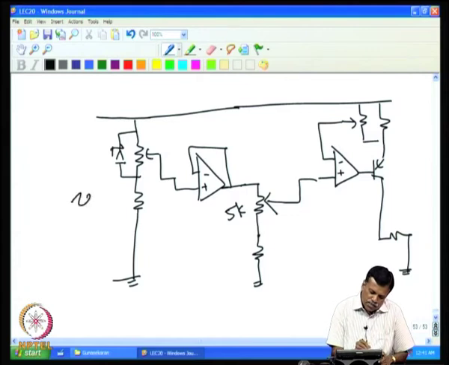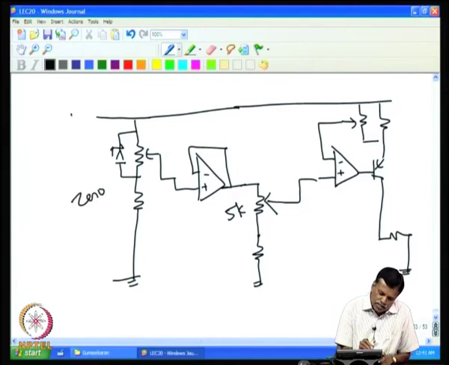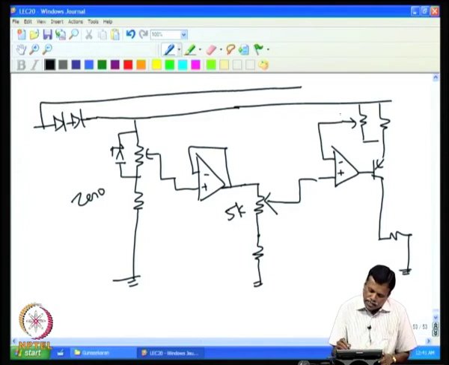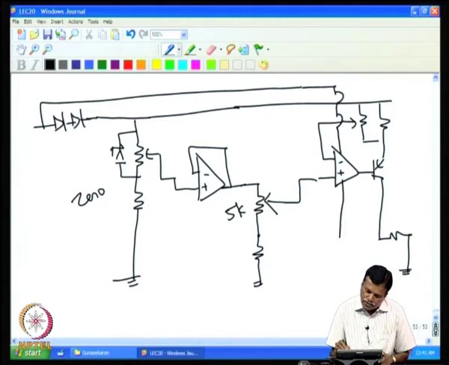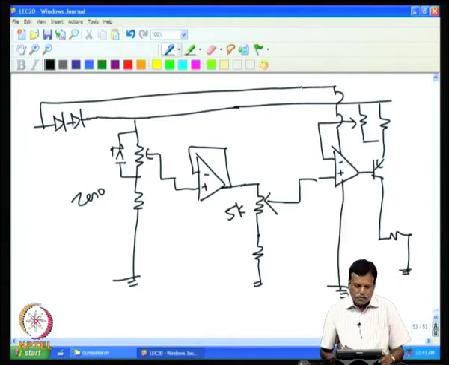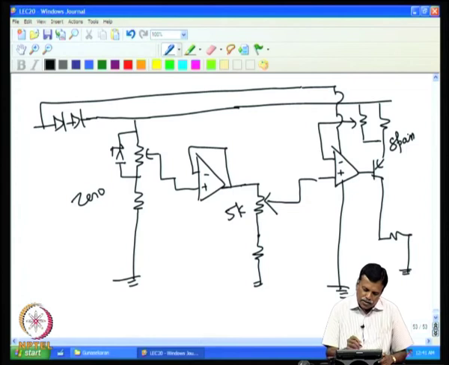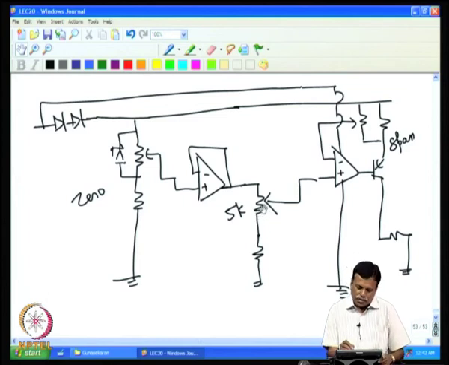So, we keep this as a 0 pot, and this is what is coming through the regulated voltage, and supply for this is coming directly from the supply. So this is acting as a span pot. This is acting as a 0 pot. This is the position measuring potentiometer.